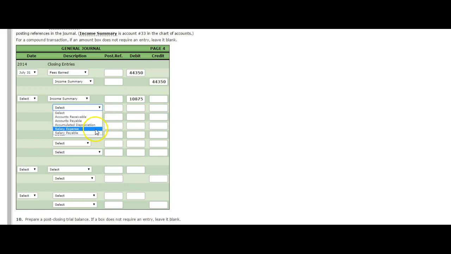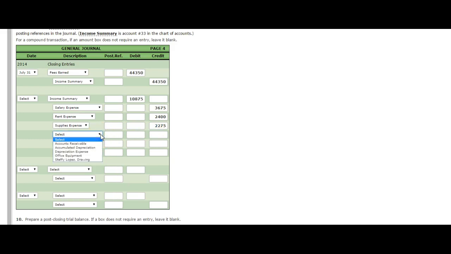So here's an expense, salaries, a credit for 3,675. The next expense is rent expense, credited for 2,400. The next one is supplies expense, for 2,275.